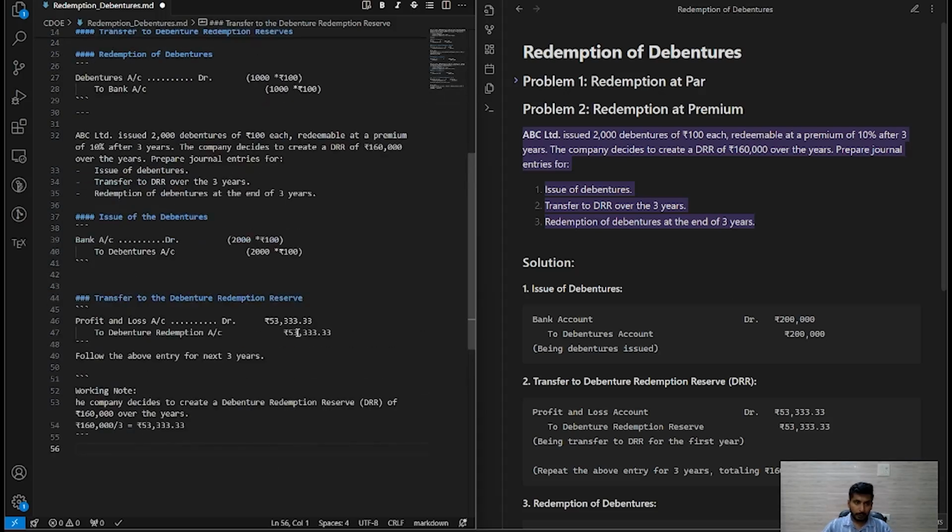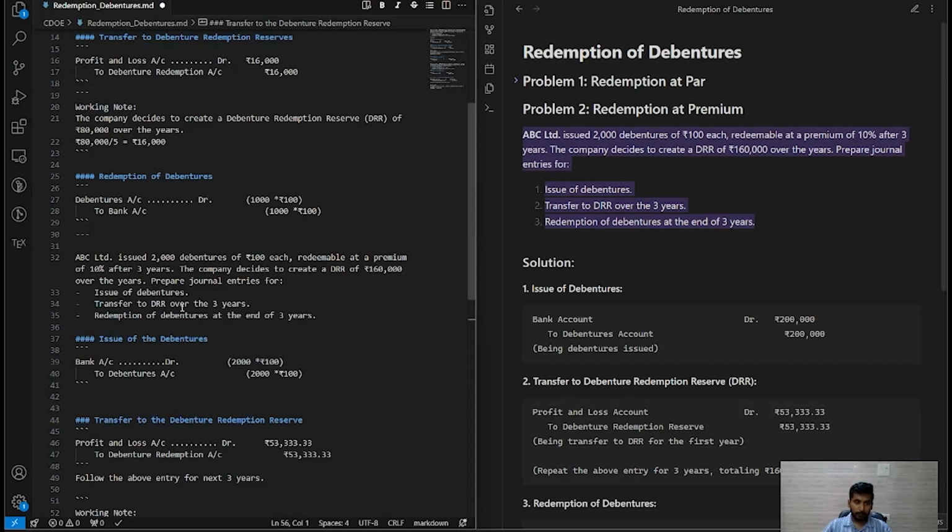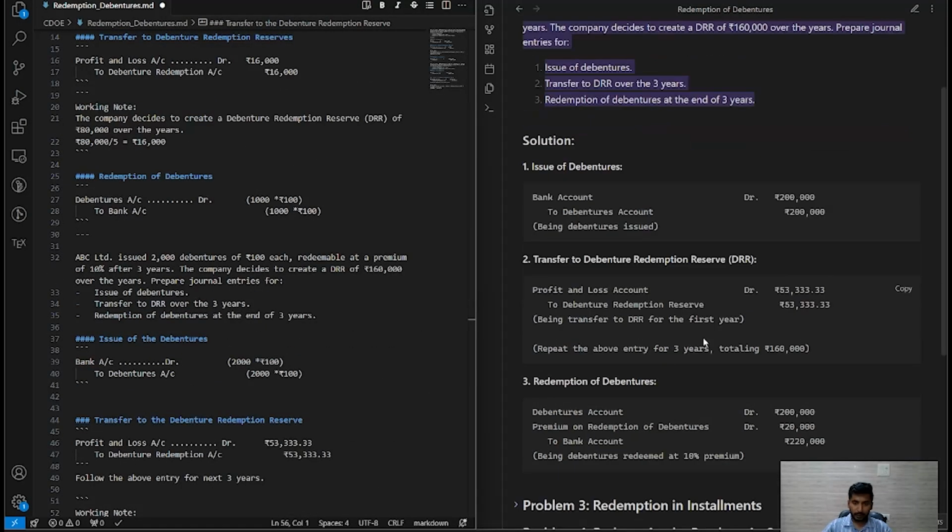In the end, we will redeem the debentures, from debentures to bank.